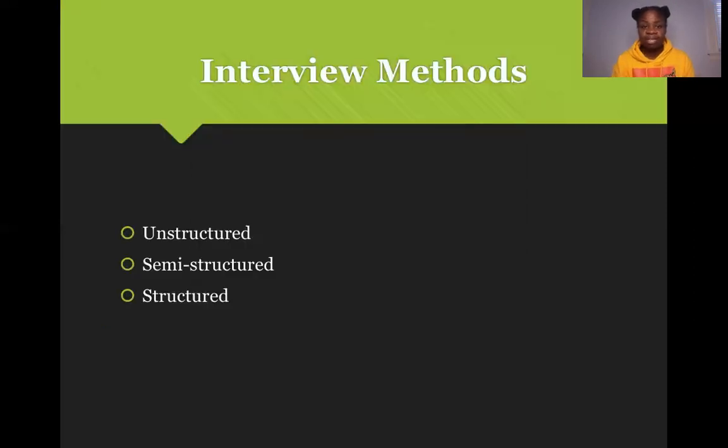The next method is interview methods, right? You guys should know about interviewing methods in general, but they can take 3 different forms: unstructured, semi-structured, and structured interviews. An unstructured interview is usually free-flowing.